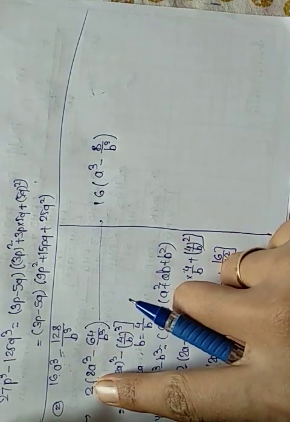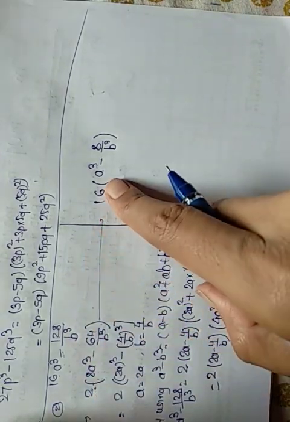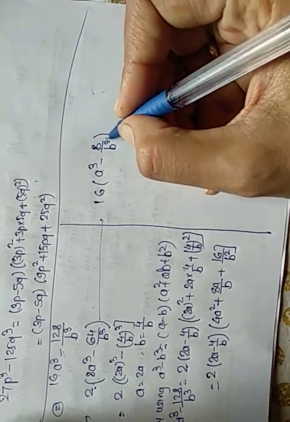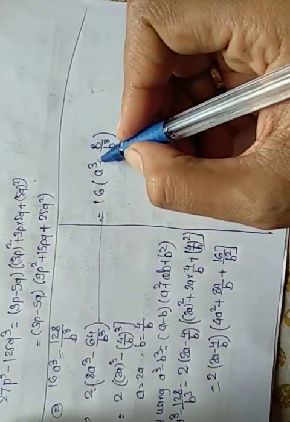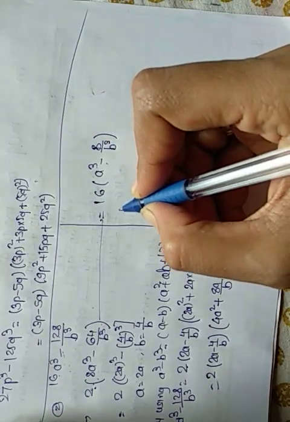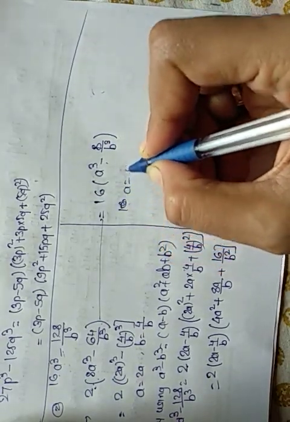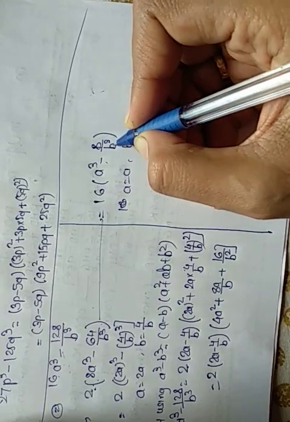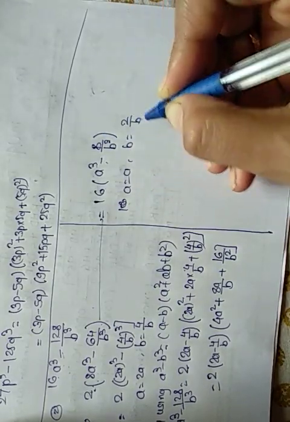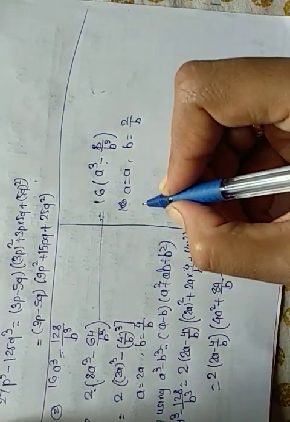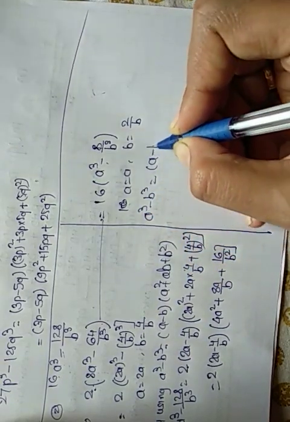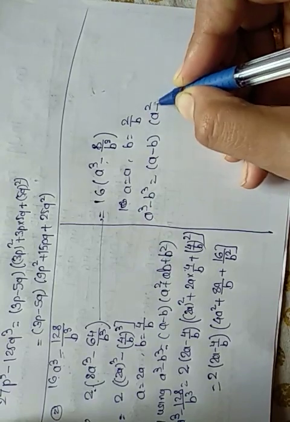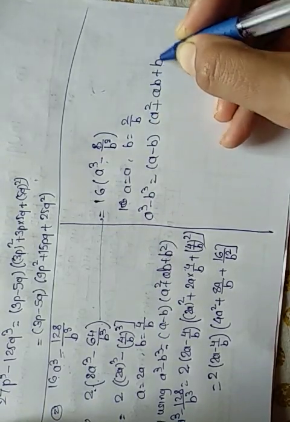Okay, instead of 2, if you take 16 common, then the factors are 16 into bracket (a cube minus 8b cube). So here the value of a is a and the value of b is 2b. Then you can use this formula: a cube minus b cube is equal to (a minus b) into bracket (a square plus ab plus b square).